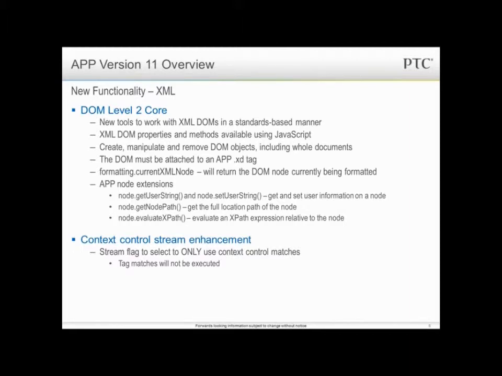This flag now allows you to restrict it to one or the other if you want to. So you can exclude tag matching, or you can exclude context control matching, which is quite handy if you want to enforce a particular way of developing your templates inside APP now.